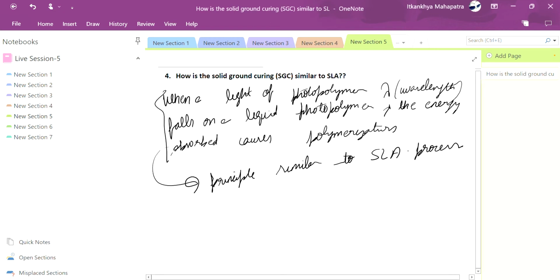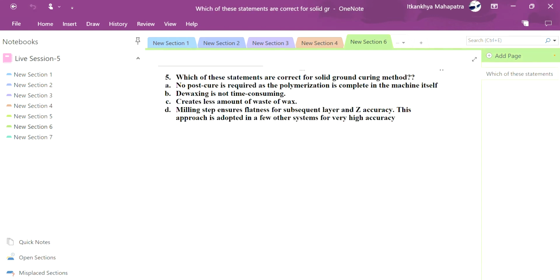Okay, moving on to the next question. Which of these statements are correct for the solid ground curing method?